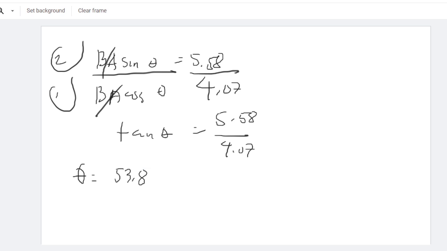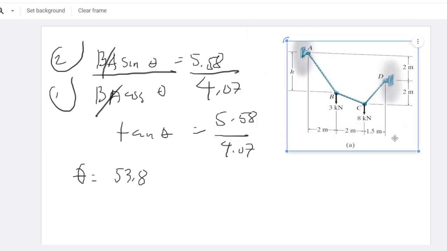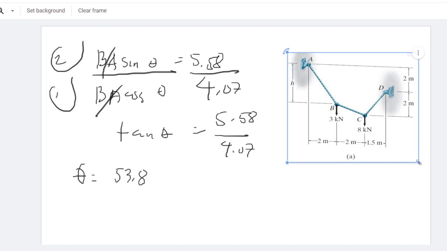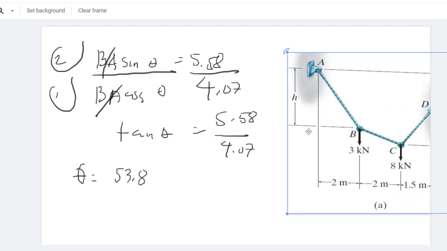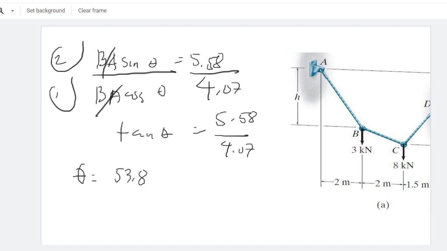So how are we going to compute h, which is unknown in the problem? Where's h? If you already have theta, which we calculated, theta is 53.8.